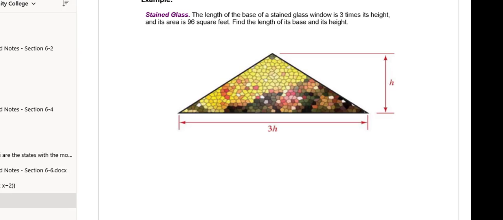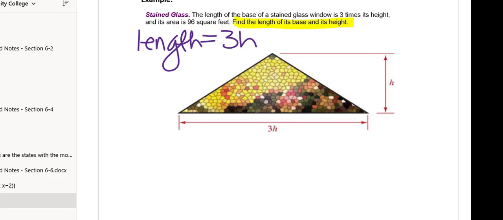One thing we definitely want to look for is we need to find the length and the height. The first question you should be able to ask before you even approach a word problem or write an equation is what we are looking for. I did notice that our length, if we look at the diagram, is equal to 3h.